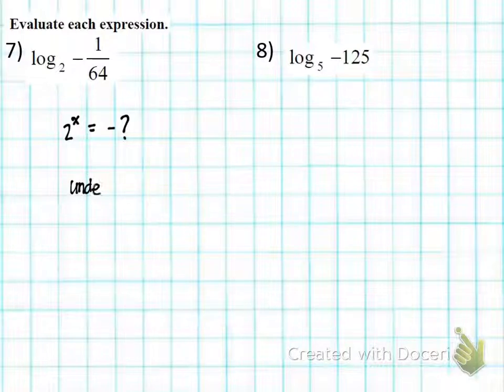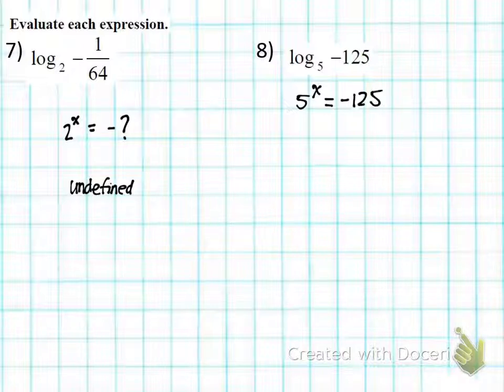I did get you. But I want you to see that. And here's your clue. Don't just assume it's going to be undefined always whenever you have a negative, because your base could be negative. You just need to make sure when you see negatives that you're very careful to check if it's undefined. Number 8, go by yourself. Okay, look at this. 5 to the x power is equal to negative 125.